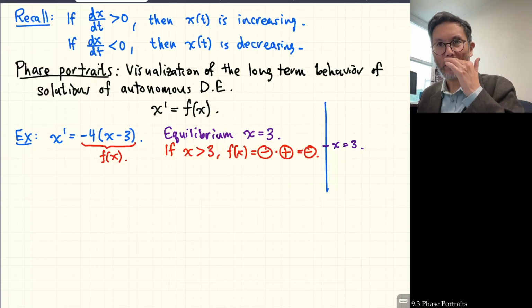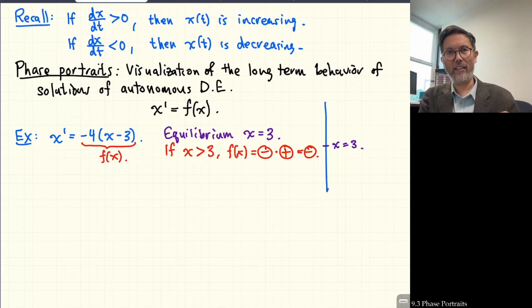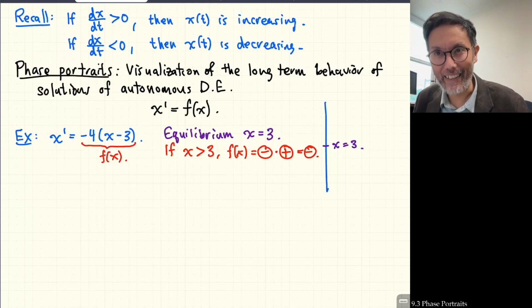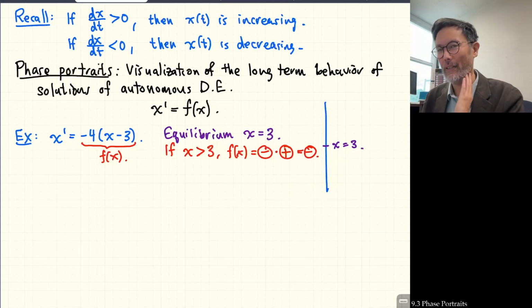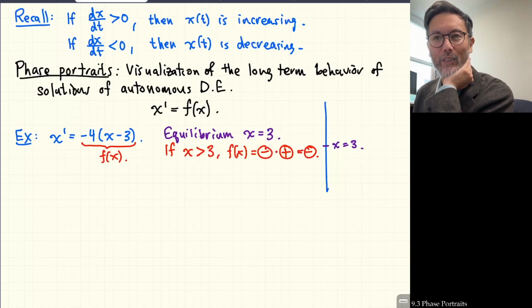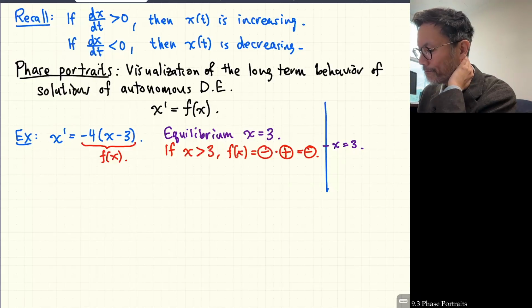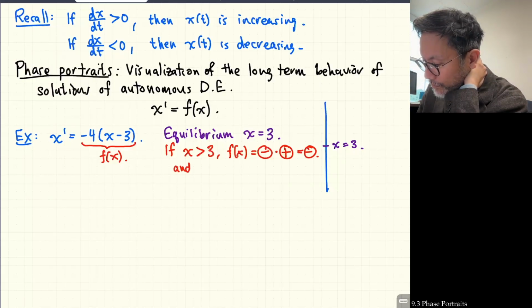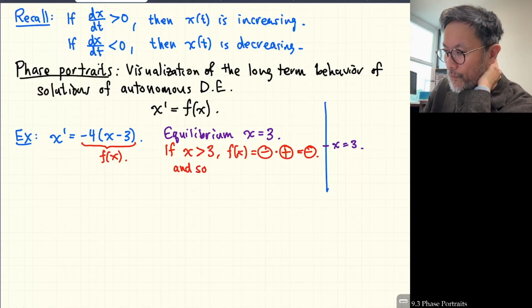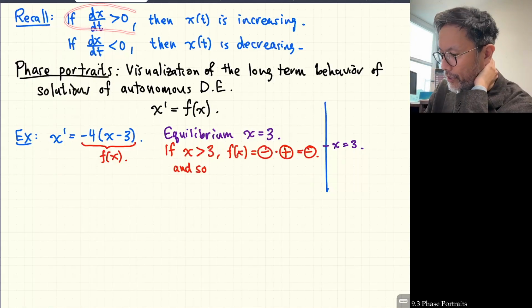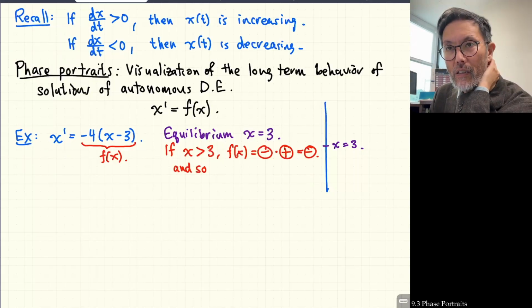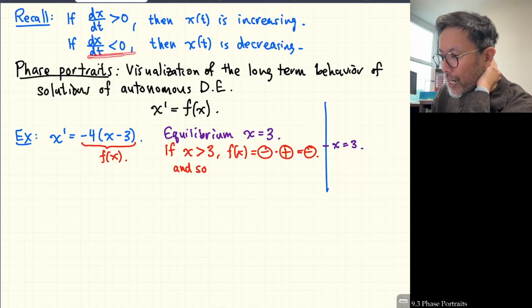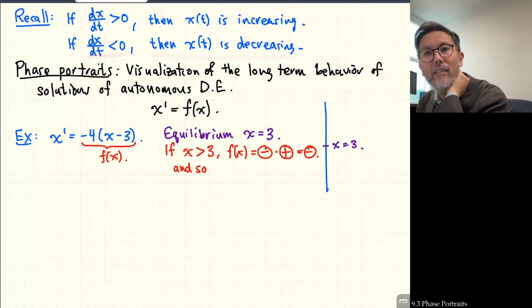Is that clear? Bottom line, it's negative. If you don't like my little circles with pluses and minuses around it, that's fine. Which means that, of course, x prime is negative, and so if x prime is negative, then x is decreasing.